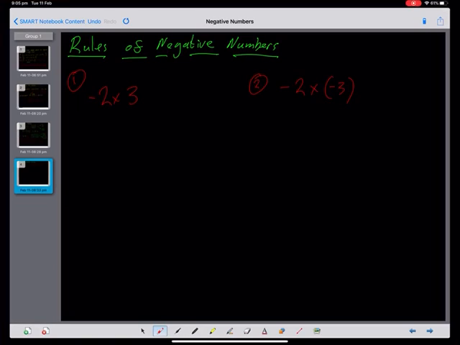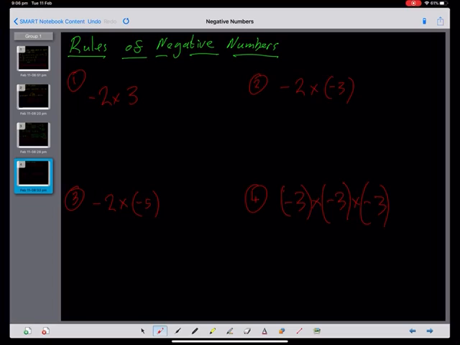We've got 3 times -2 multiplied by -5 and 4. We've got -3 multiplied by -3 multiplied by -3. Okay, so pause the video and see if you can do these. Just going to put these in brackets.